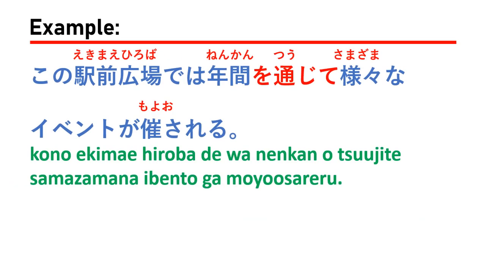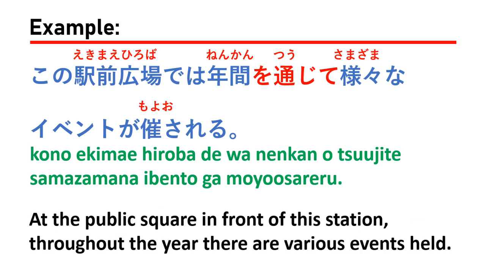The next example. この駅前広場では年間を通じて様々なイベントが催される。That means at the public square in front of this station, throughout the year there are various events held.